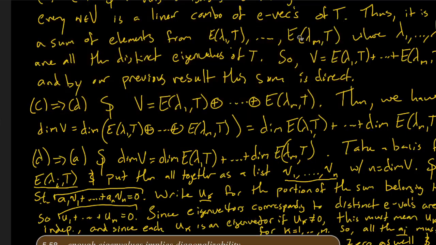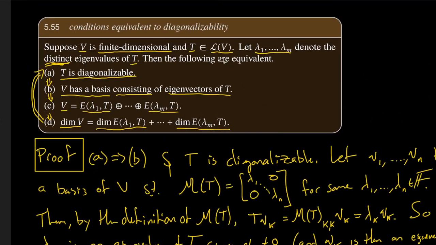Cool. We went on then and we proved a pretty long theorem, which gave a bunch of conditions that were equivalent to diagonalizability. The first one was that the vector space that T is an operator on has a basis consisting only of eigenvectors of the operator.